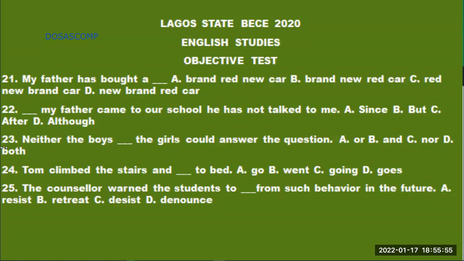Now, what the examiner is testing is your knowledge of what makes a grammatically correct sentence and what does not. And this is obvious, you know.